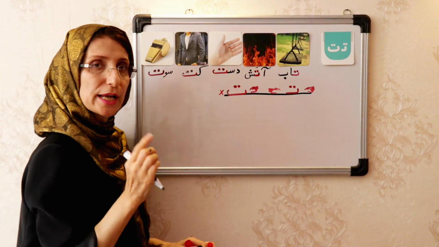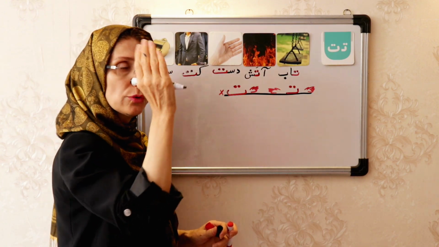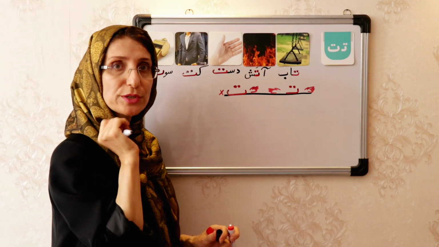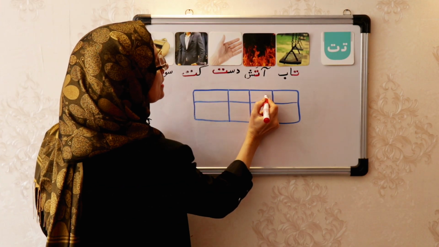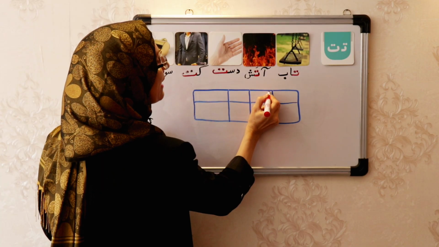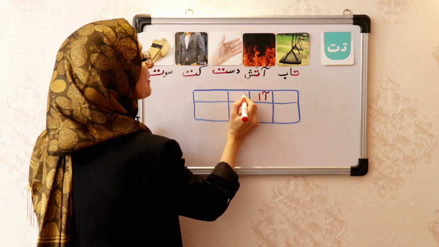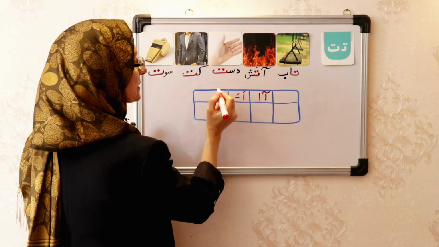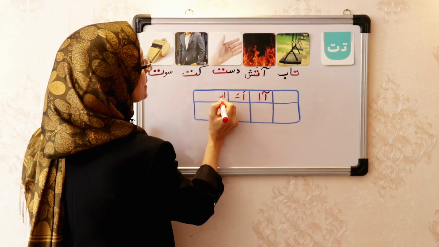Now let's go to our table of friendship to connect T to our vowels, to see how we connect T to vowels and what words we can write with the limited sounds we have learned up to now. Let's write. This is A أول, A غیر أول. We have learned A أول, A دوم, and vowel E, a four-member family.